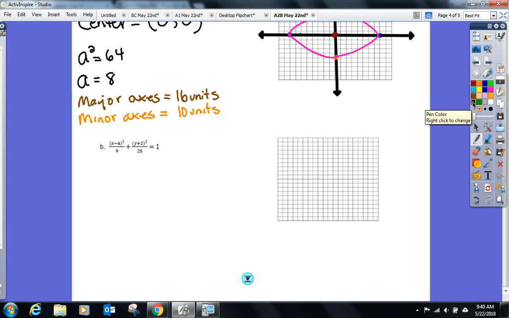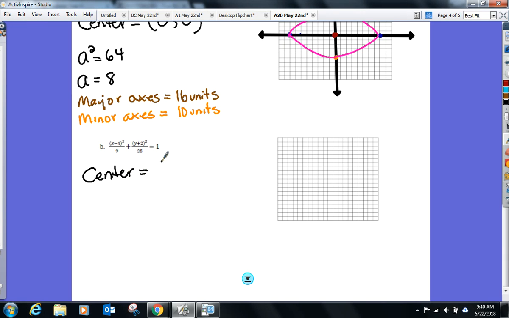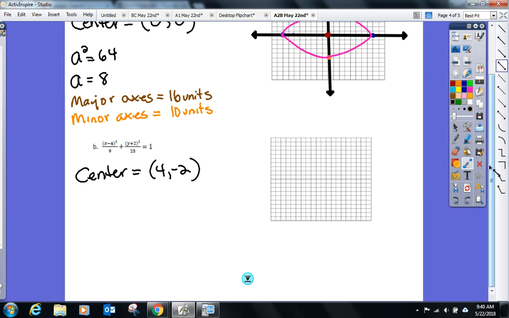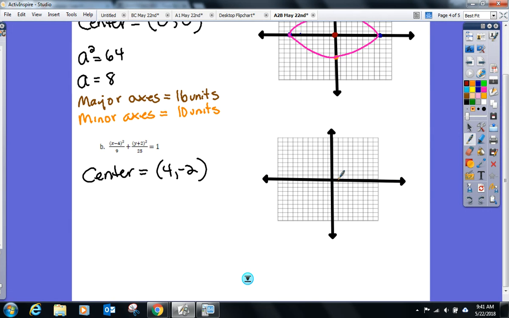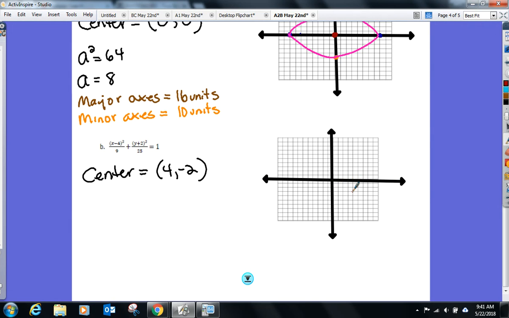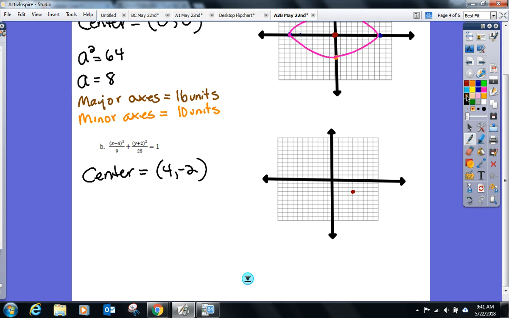Center for part B. 4, -2. Go ahead and graph it if you want right now. We'll do this piece by piece. 4, -2. Where's the major axis going to be, on the Y or the X?